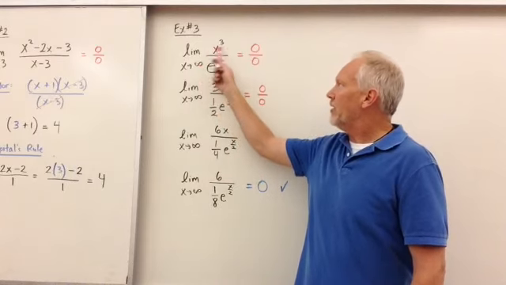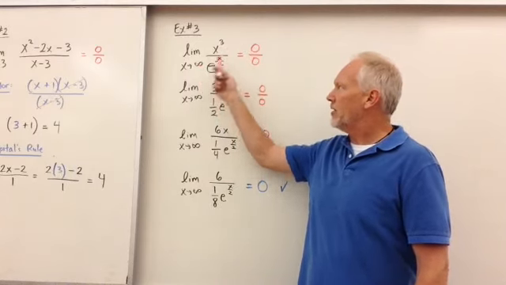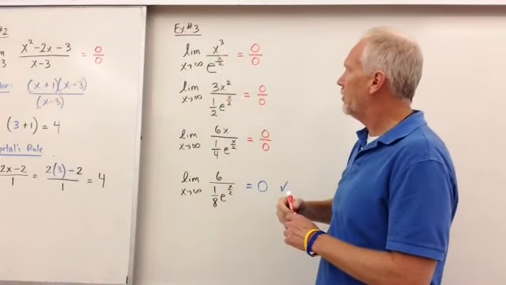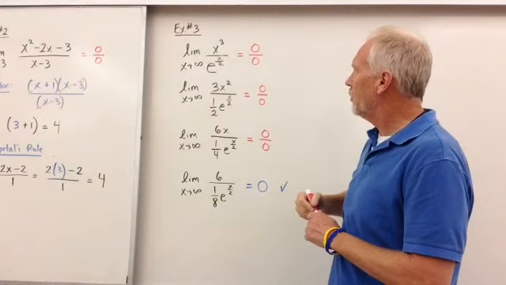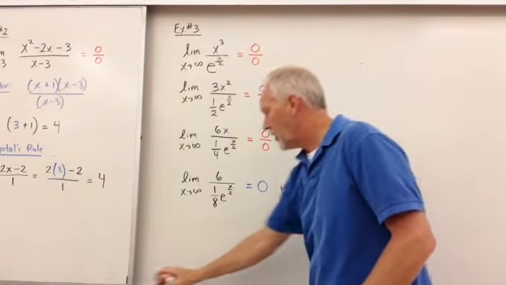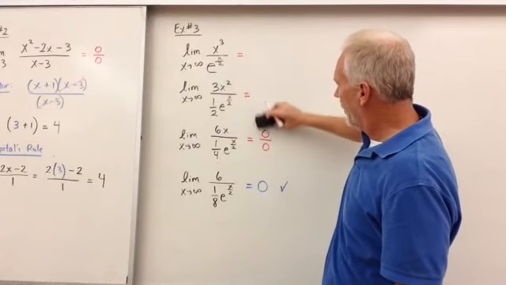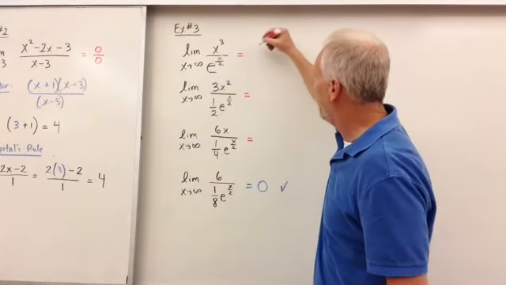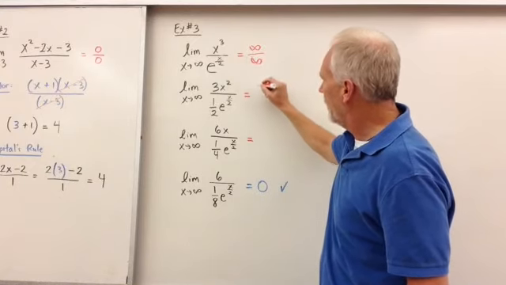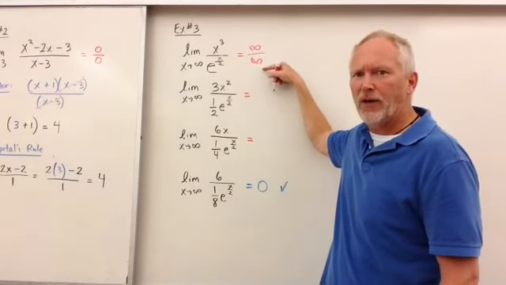As we go to infinity, both of these actually continue to go to infinity, so we get infinity over infinity.